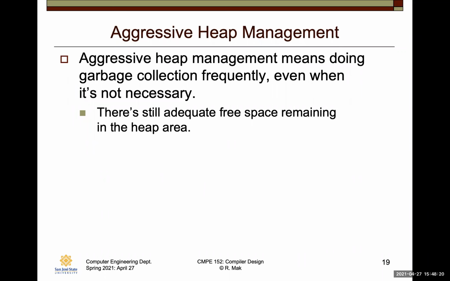You just do a lot of it. And the idea there is that we want to make it as easy as possible to find a hole whenever we want to allocate a new object. By doing lots of garbage collection, you're going to guarantee that there are a lot of holes and even some bigger holes out there because you've been very aggressive.